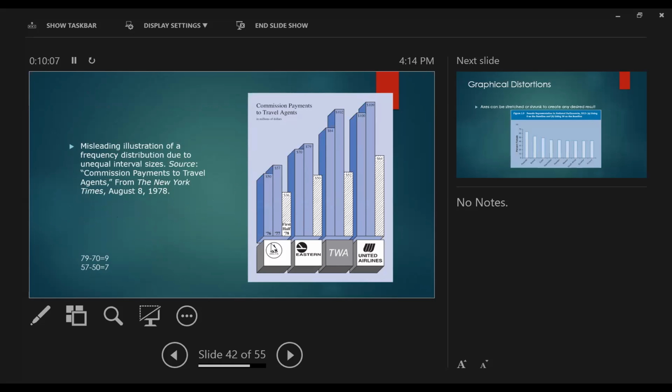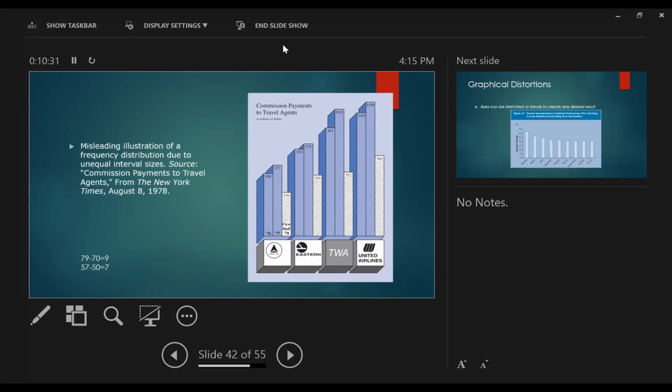Okay, so we take a look here. This is the commission payment to travel agents, and you see the different airline groups. What do we notice? Look at 50 to 57, the difference between these two, and 70 to 79.